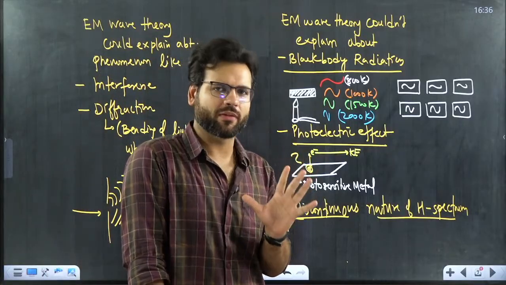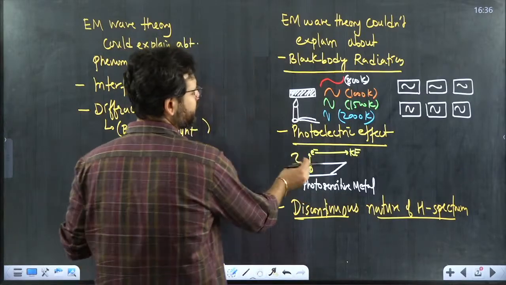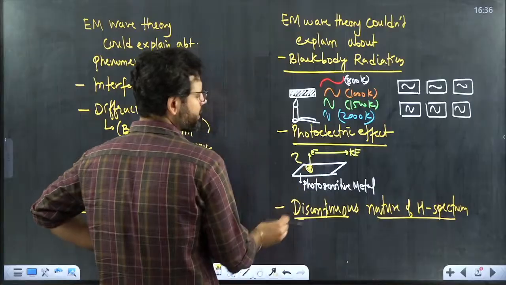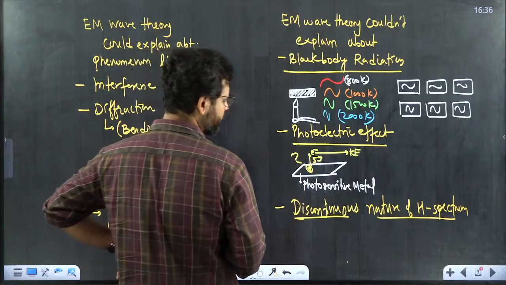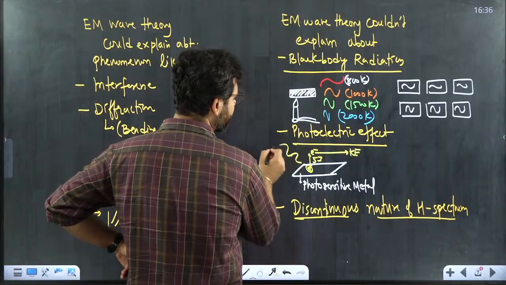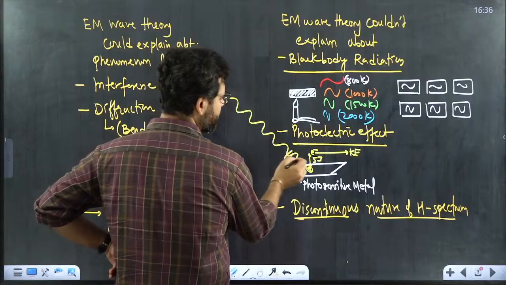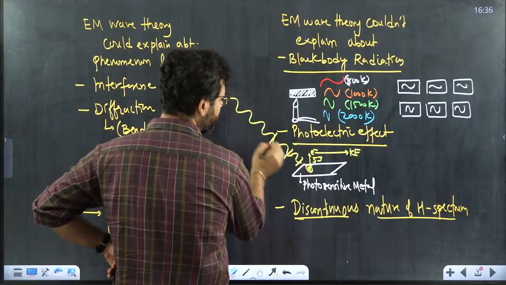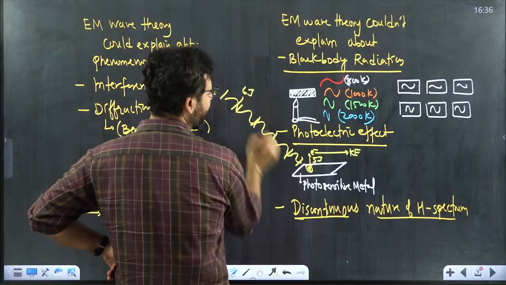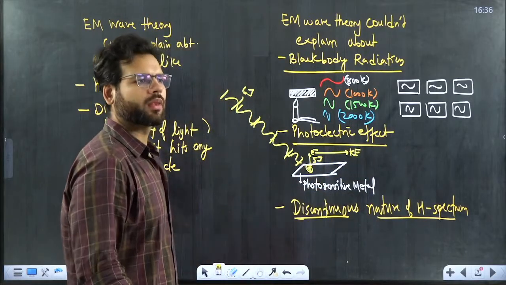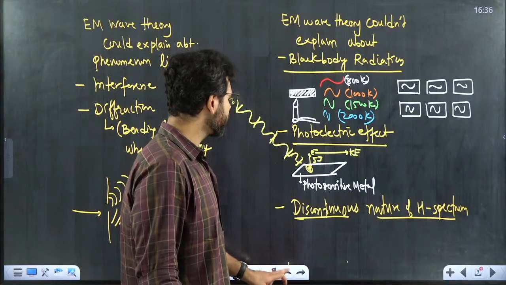If energy was continuous, let's say this electron requires 5 joule energy to come out. It's called the work function. I can take 5 of such waves, each of 1 joule, or 7 of such waves, 1 joule, 1 more joule, 1 more joule. It will become 6 joule, and then the electron could come out. But when we try to do it with low energy wavelengths, the electron was never coming out.